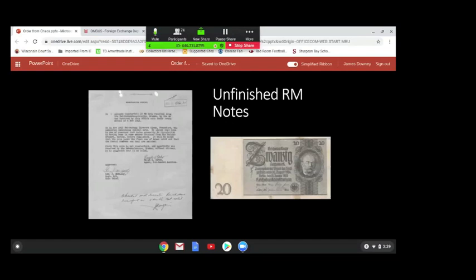There's also a fascinating report, and I suspect Joe Bowling, among others, would be interested in this, of an investigation into the printing capabilities within the Western zones in Germany.